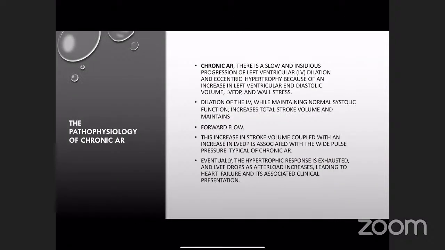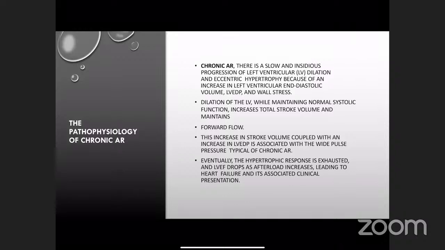In chronic AR, there is a slow and insidious progression of left ventricular dilatation and eccentric hypertrophy because of an increase in left ventricular end-diastolic volume, left ventricular end-diastolic pressure, and wall stress. Dilatation of the left ventricle while maintaining normal systolic function increases total stroke volume and maintains forward flow.